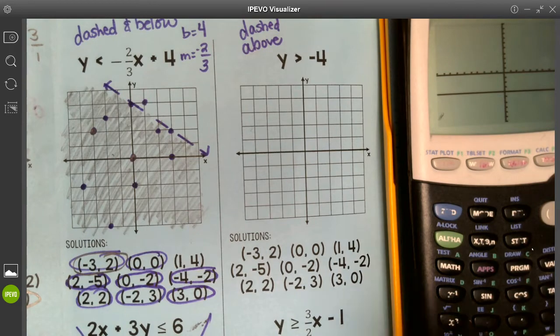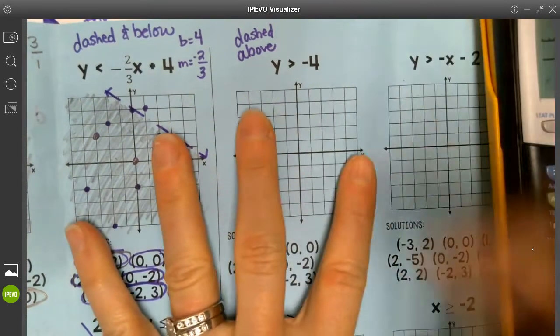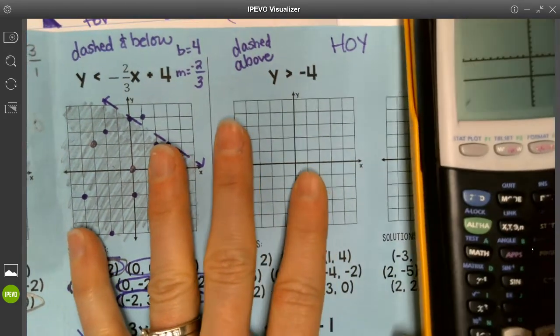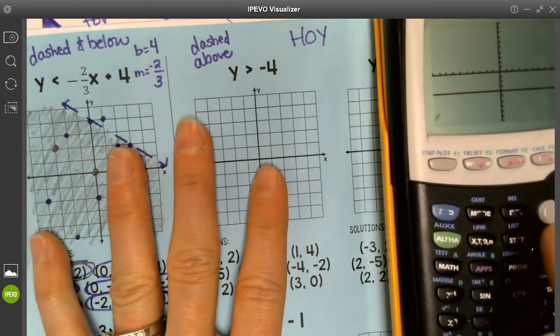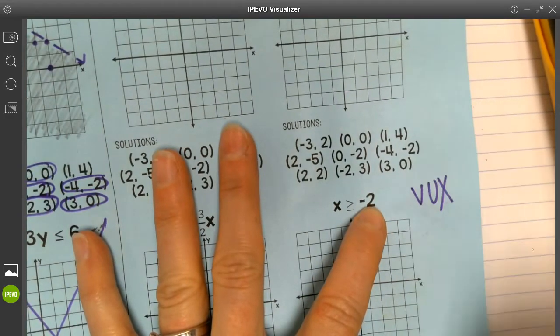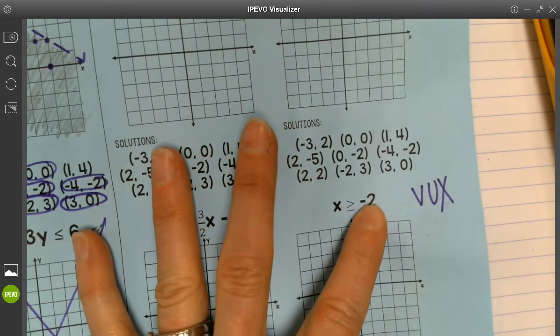So it says y is something, it's a horizontal line. This is hoy. So anytime it says y, it's hoy. If it says x, it's bucks. So that's going to help you with this one down here. So that's going to be a vertical line.